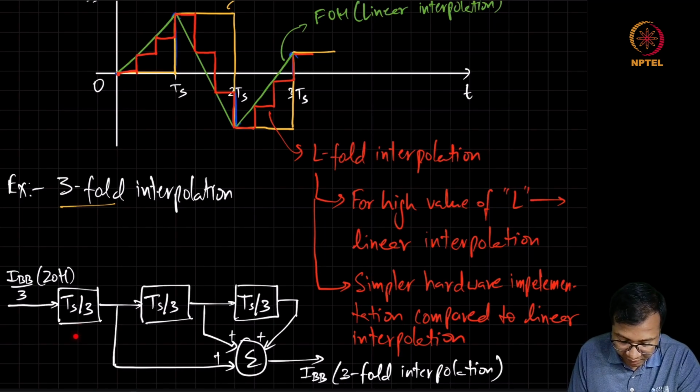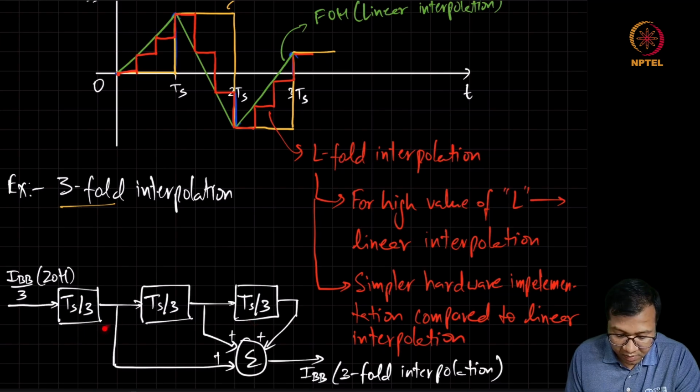If we have access to these delays which are fractions of the sampling period, then it is possible to take the same digital input which has been held for the entire TS period, and just by doing this fractional delay and the summation of their outputs, we can obtain this staircase kind of output.